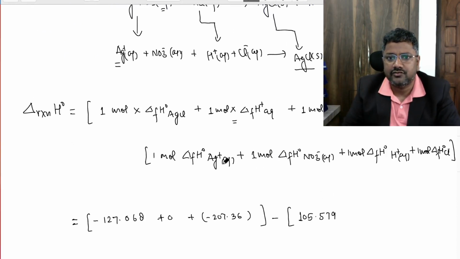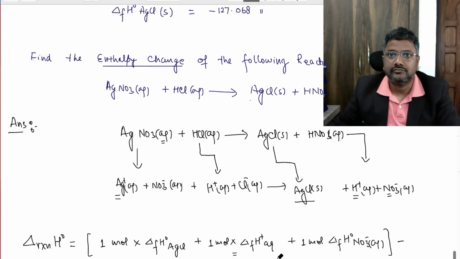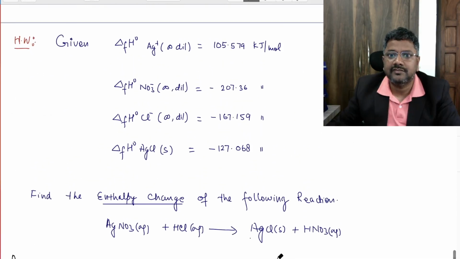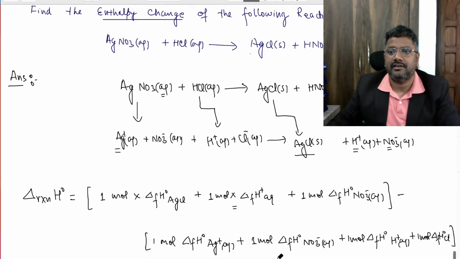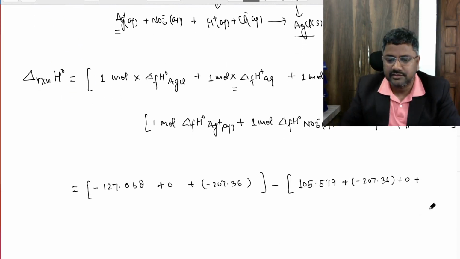All the units are kilojoules. Plus NO3 minus, which is minus 207.36, plus 0, plus Cl minus, minus 167.159.